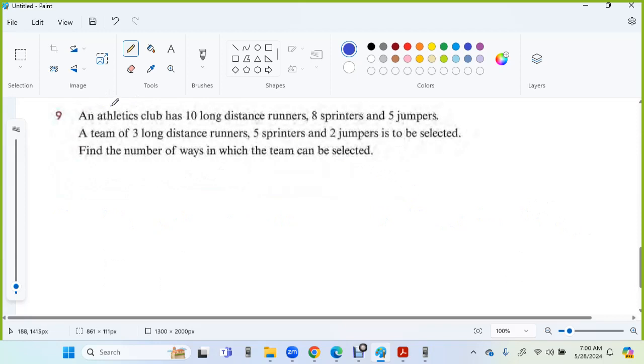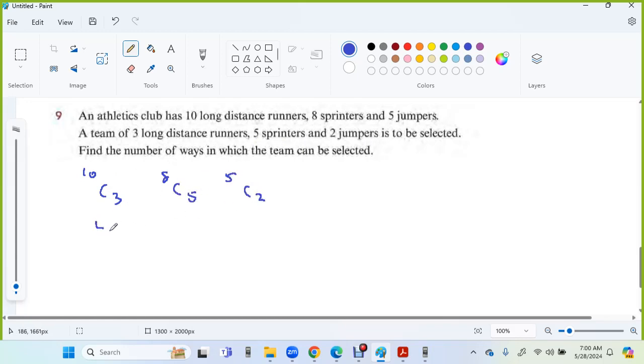Question number 9. An athletics club has 10 long distance runners, 8 sprinters, 5 jumpers. A team of 3, 5, 2 is selected. Find the number of ways. So we have 10 choose 3, and 8 choose 5, and 5 choose 2.